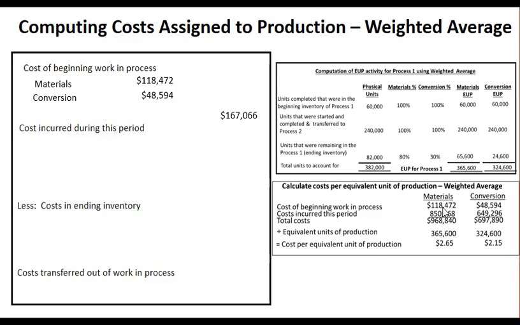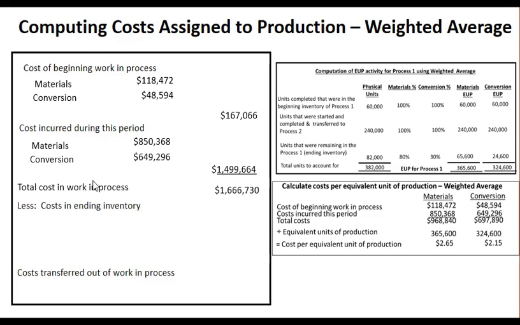Now you can see those costs right here in the weighted average computation. So the total beginning inventory is worth $167,066. Now the costs incurred during the period are going to be materials of $853.68 and conversion $649,296. So there's our material cost and our conversion cost.